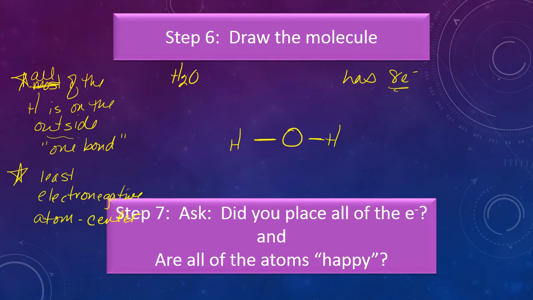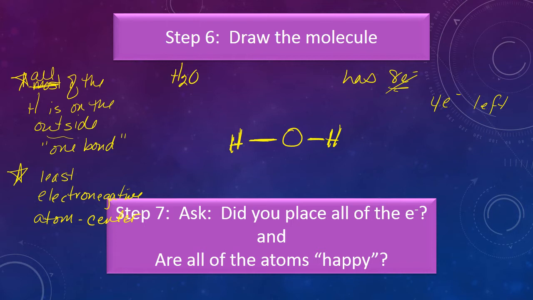So I have only placed 4 electrons. I have 4 electrons left. So somewhere on this molecule, I need to put 2 more pairs. Is this hydrogen happy? Yes. Hydrogen's happy when it only has 2 and it feels like 2 with that bond. And this hydrogen's happy, but oxygen's not.